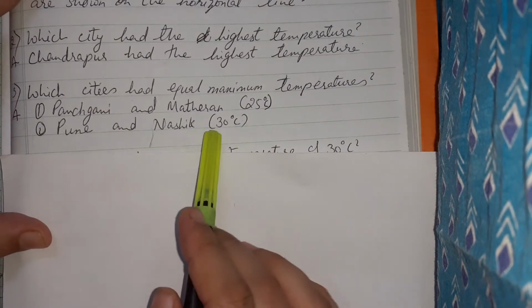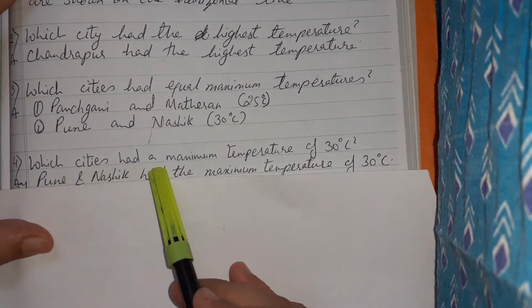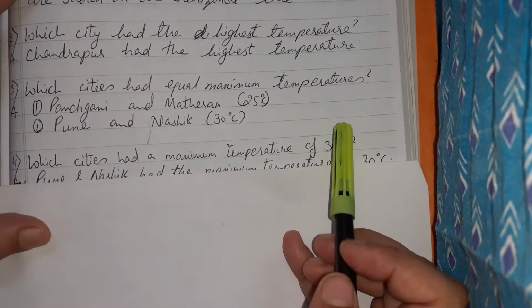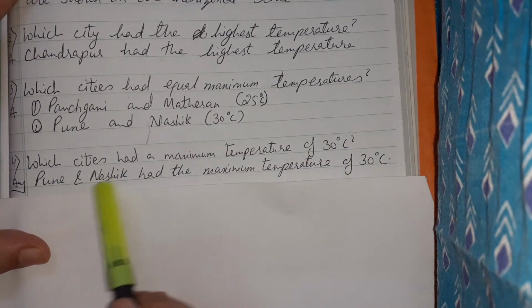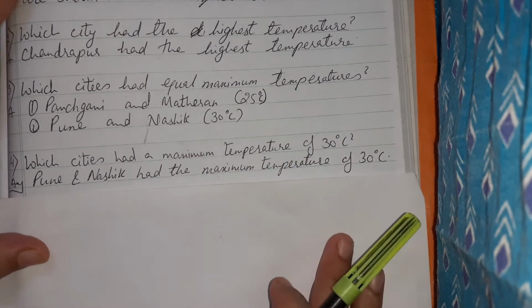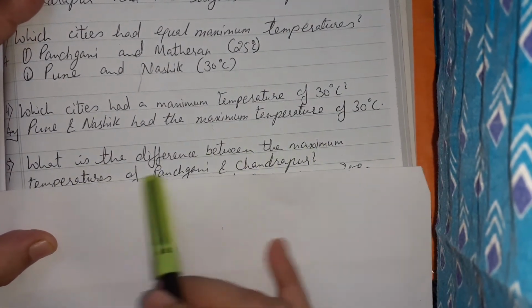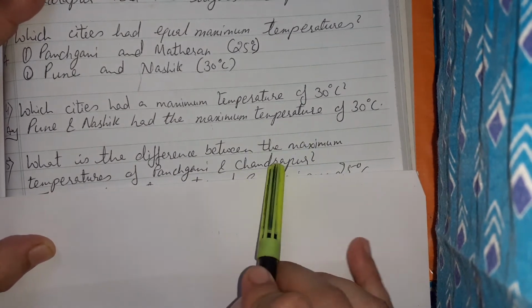And this is how we'll write the answer. Next one is: which cities had a maximum temperature of 30 degrees? Pune and Nasik had a maximum temperature of 30 degrees.